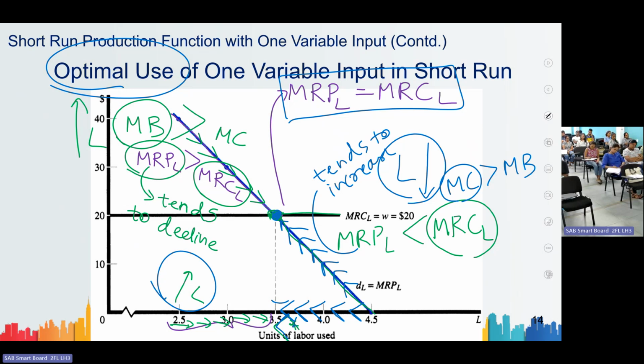But at this point, labor is fixed. There is no tendency for the firm to decide to decline or increase labor input. That is the reason why we call it the optimum level. Clear? Any questions?